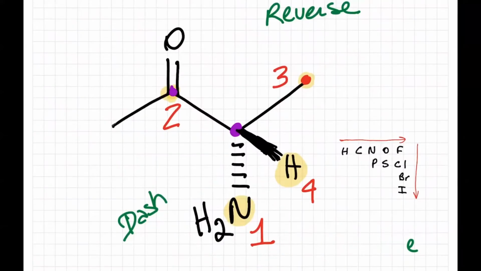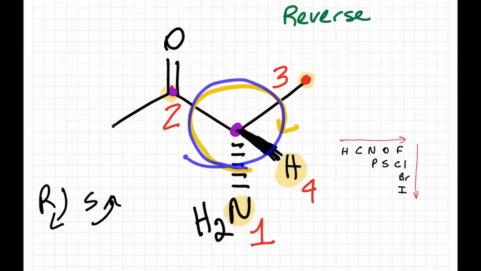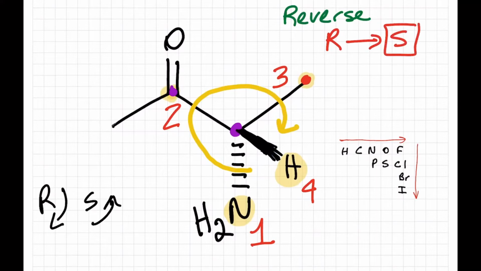Once I know I'm going to reverse it, now let's do the motion: 1, 2, 3. Remember what I said, R is clockwise, S is counterclockwise. Here I'm going in a clockwise fashion initially, so initially it would be R. However, at the end, it's S because I'm going to reverse it. So this chiral center here is S.